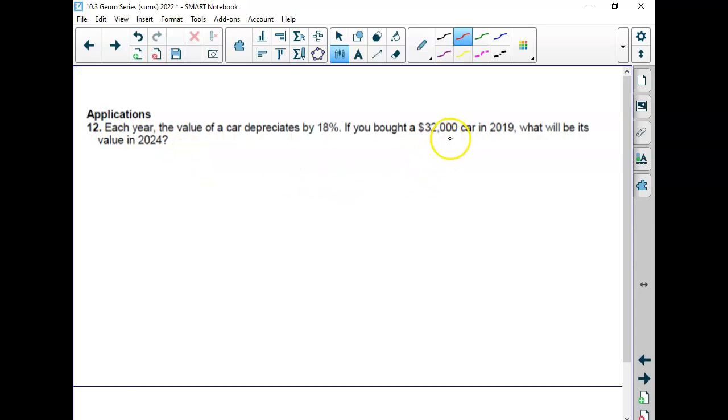All right, so this gets a little, two things happen. Students struggle with how many times does it depreciate, but they also struggle with the fact that, remember how we have to do this back in the exponential chapter? If something is decreasing by 18%, you don't multiply by 0.18.